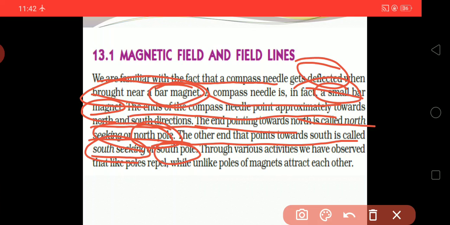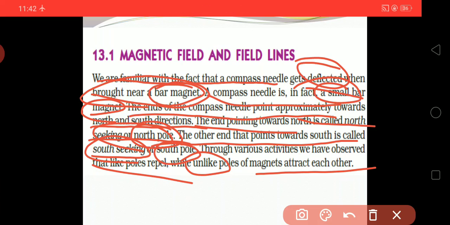Through various activities we have observed that like poles repel each other, while unlike poles attract each other. Once again, like poles of a magnet repel, and unlike poles of a magnet attract each other.